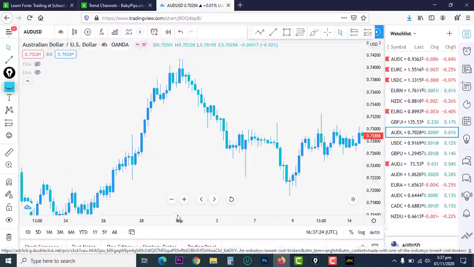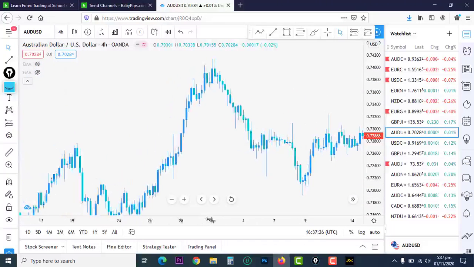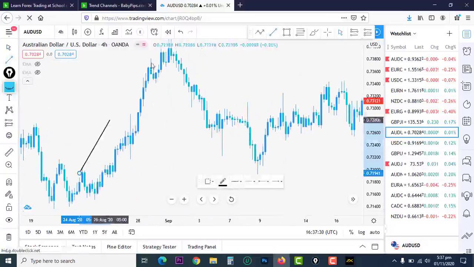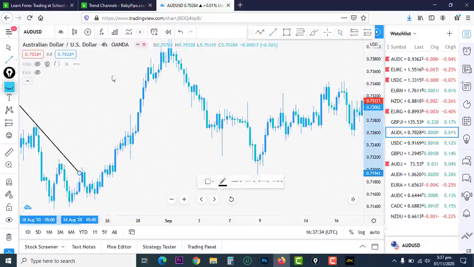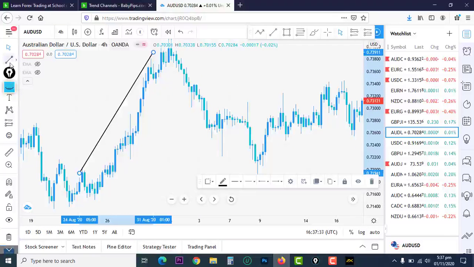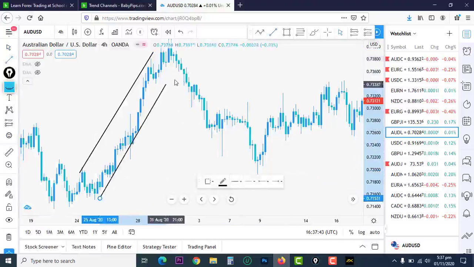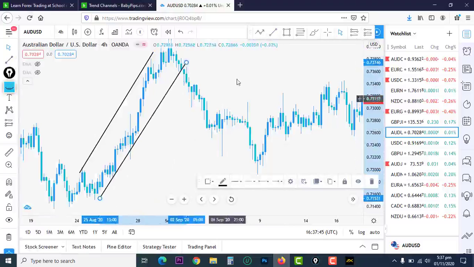Okay, so at this area here, we actually spot a trend channel, right? Up, up, and it broke.